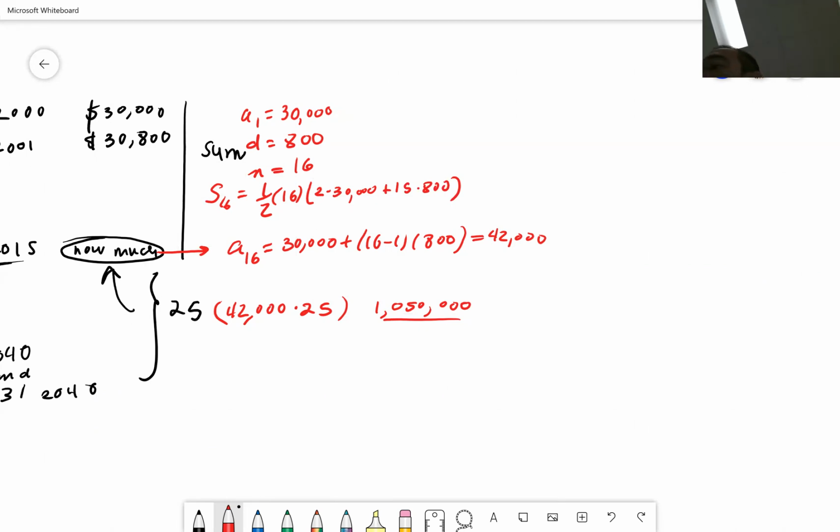Oh, because I keep on putting 3,000. 30,000, there we go, times 2 plus 800 times 15 times 16 divided by 2. I'm getting, for the first 16 years, would have earned $576,000.